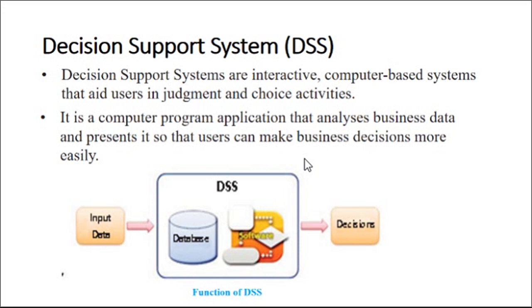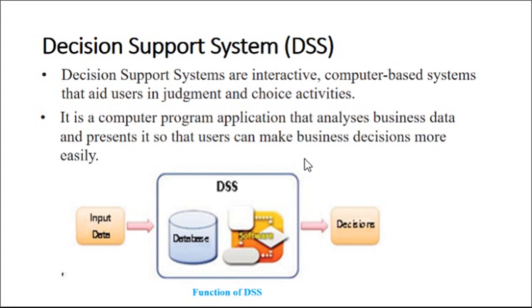According to that, they have to make a plan, and whatever raw material and data are available to produce that product are taken into consideration, and they use that data for decision purposes.